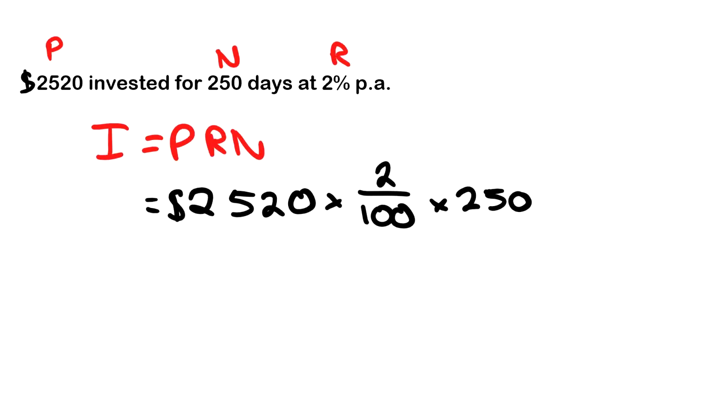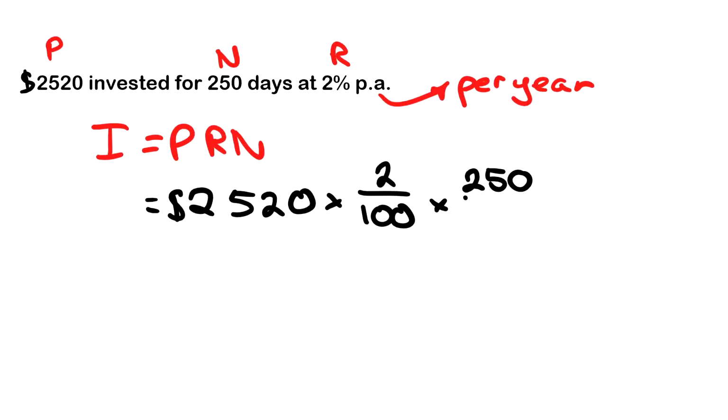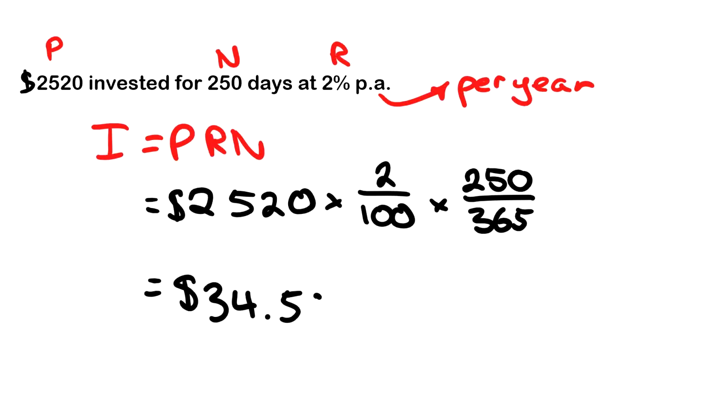Now the problem is this here is per annum, which is essentially per year, but this here is in days. Not the same unit of time, can't do it. So what we need to do is convert our time into years. So 250 over 365, because it's 365 days. Now we can put this in the calculator, and we've made $34.52. So make sure your units are the same.